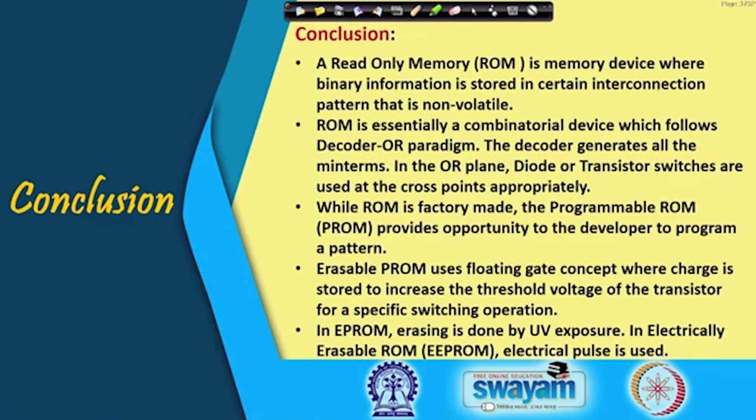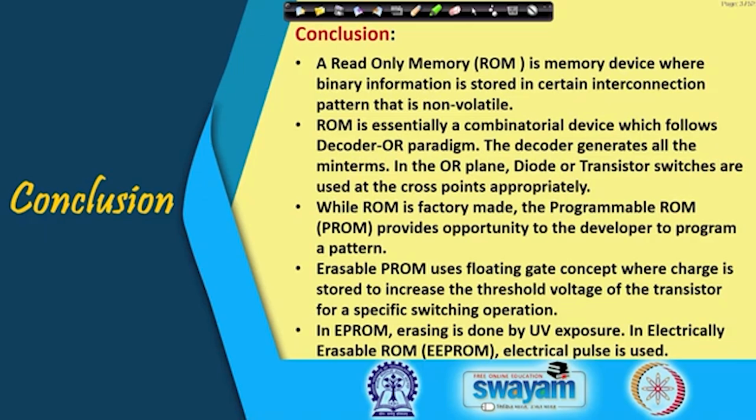Quickly to conclude, ROM is a device where information is stored in the form of an interconnection pattern which is non-volatile. Essentially, it is a combinatorial device following a decoder OR architecture, and we have diode or transistor based switches placed at the cross points in the OR plane.